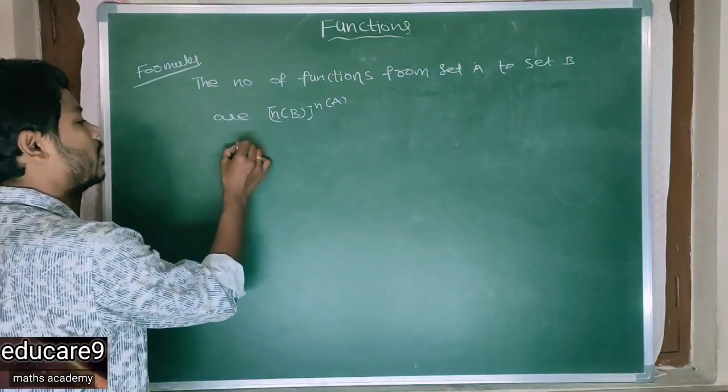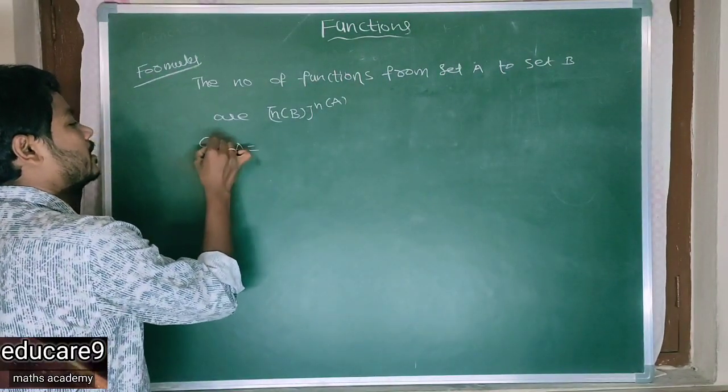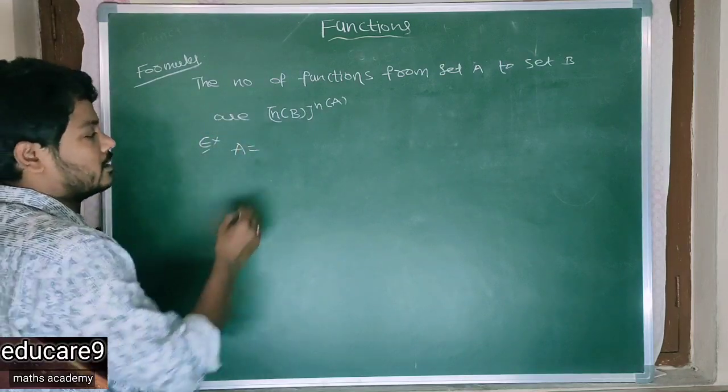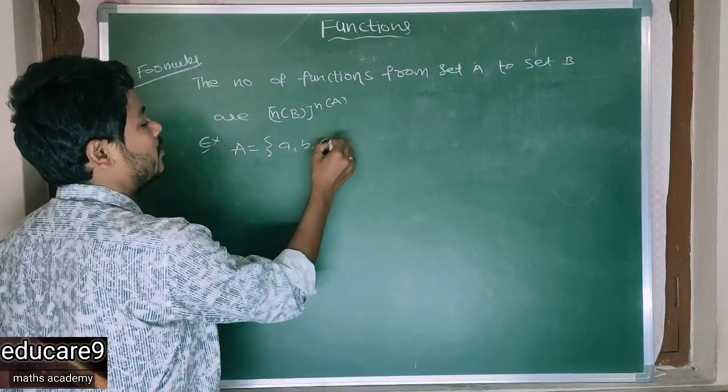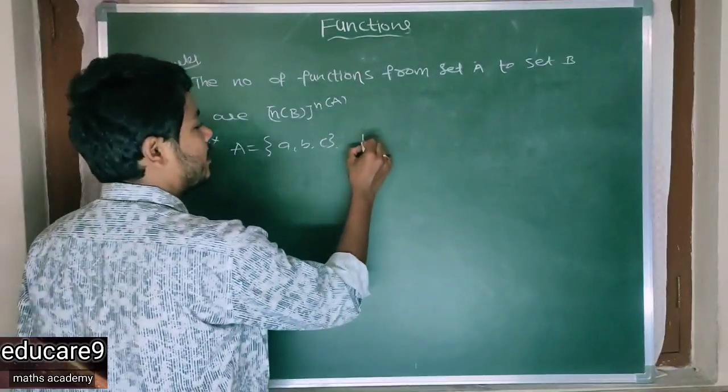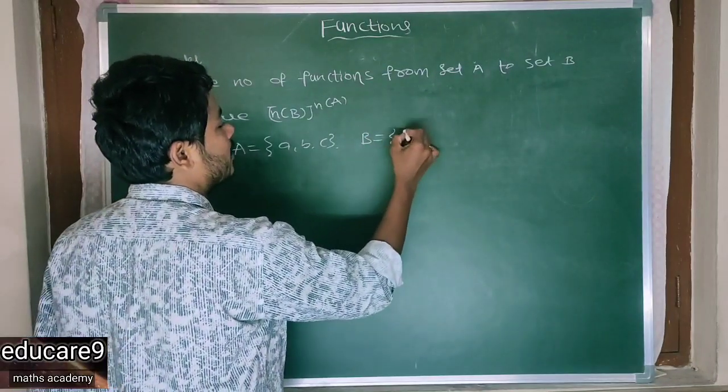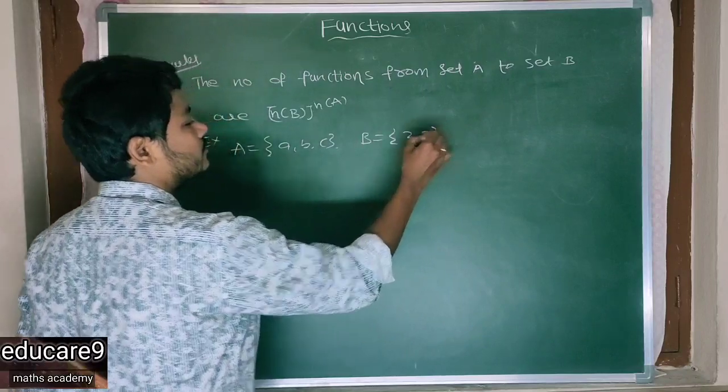So for example, A is the set with the elements a, b, c, and B is the set with the elements 2, 3.